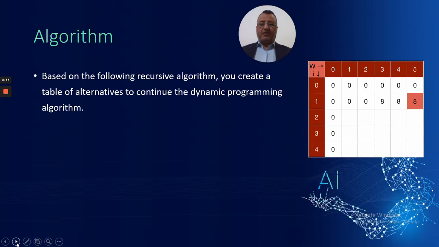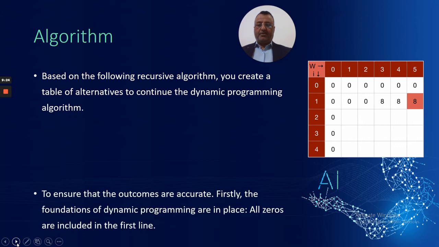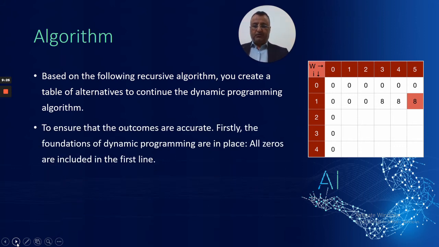So, algorithm. Based on the following recursive algorithm, you create a table of alternatives to contain the dynamic programming algorithm. To ensure that the outcomes are acquired, firstly, the foundations of dynamic programming are put in place.